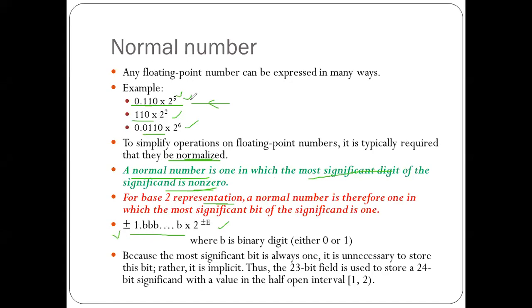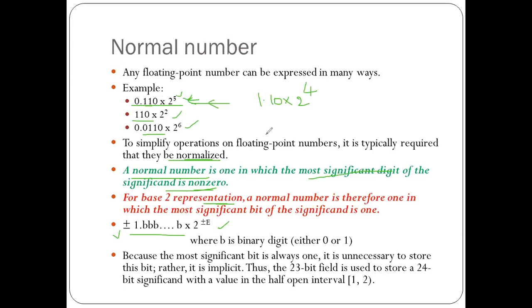Okay. So this can be adjusted to 1.10 into 2 power something. The decimal point is shifted left side by 1, so you need to multiply by 2 to get your original number. So 2 power 6, right? No. 1 dot, it is shifted, you have to divide it, right?